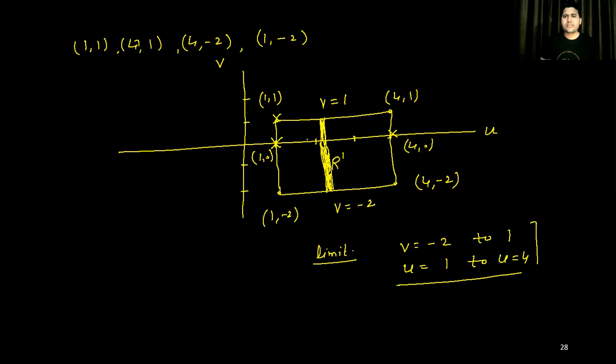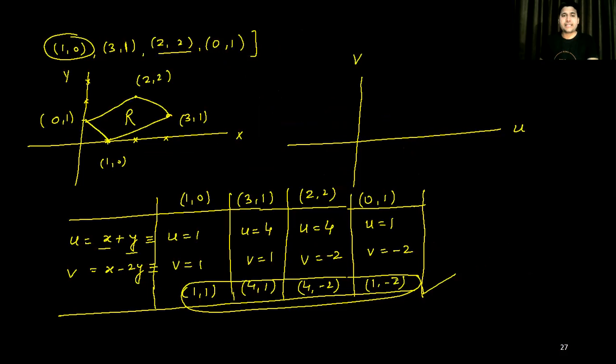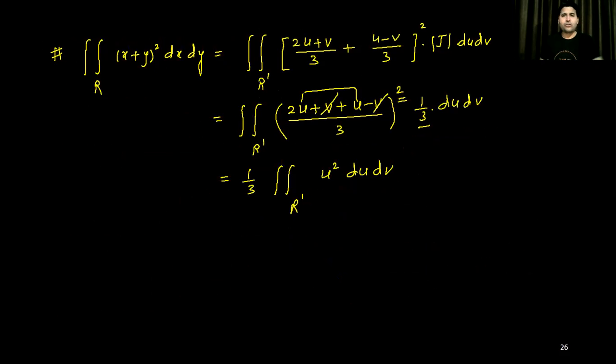So now this is the change of variable from original XY to UV plane. That is the integral which looks like this. What I need to do now is just put the limits over here.